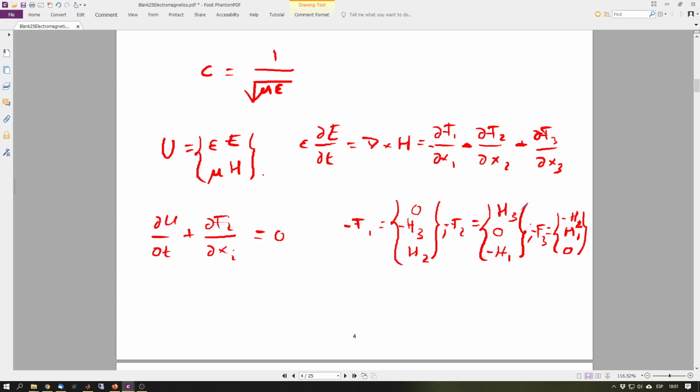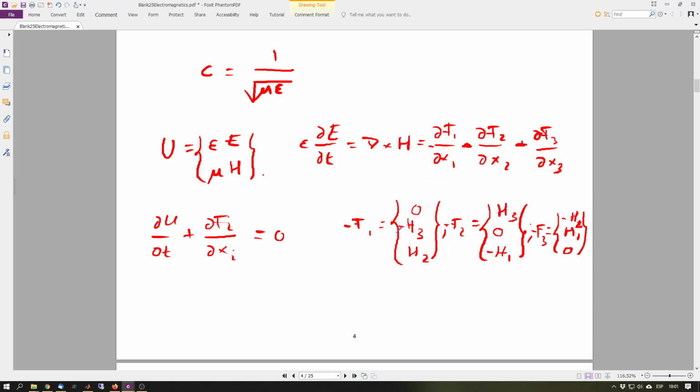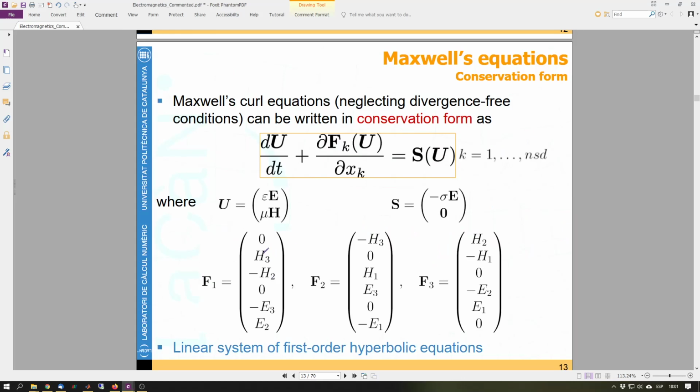So you have it much better written, much clearer, in fact, on the slides, with the first three components. That should be what I have written there, h3, h2, but with a minus, that we had because they are in this component. So why this form? It is called conservative form because these f are linear with respect to our variables.